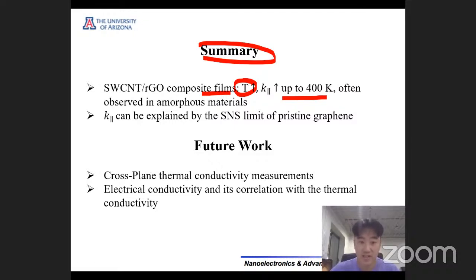Another thing is that the in-plane thermal conductivities of all samples can be explained by the SNS limit of pristine graphene. For future work, the cross-plane thermal conductivity measurements will be done, and electrical conductivities and their correlation with the thermal conductivities will be done too.